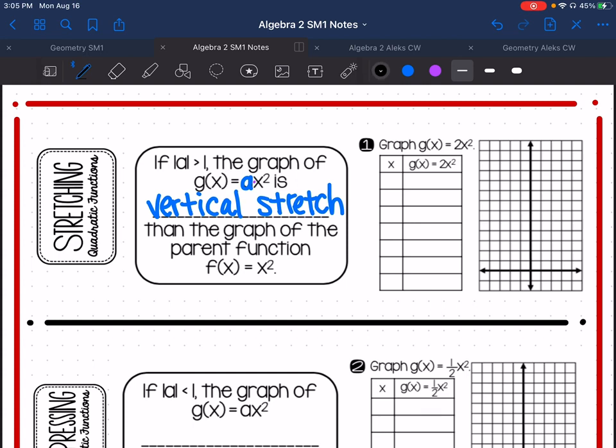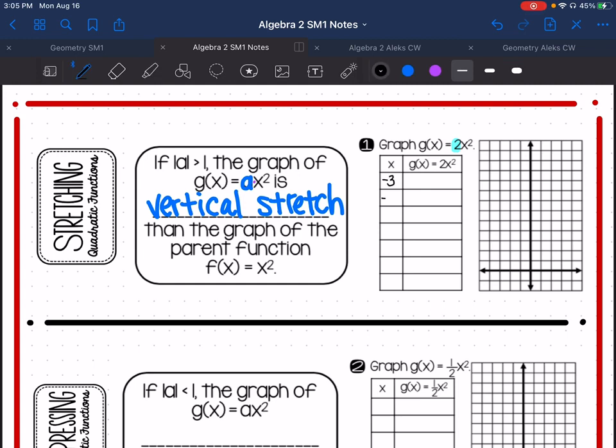So let's take a look at this first graph here, 2x squared. Notice right here is my stretch.